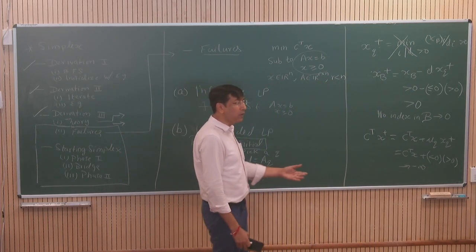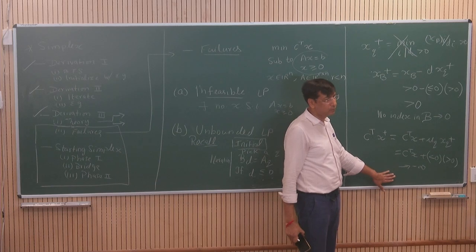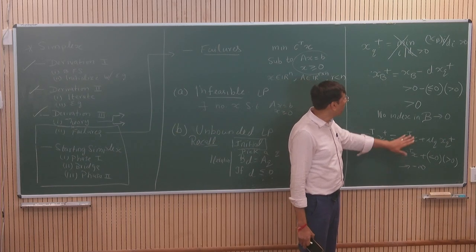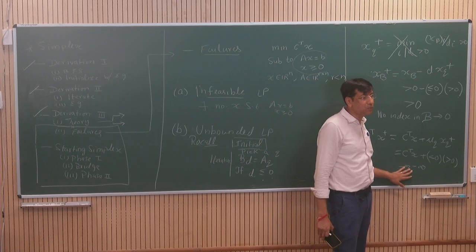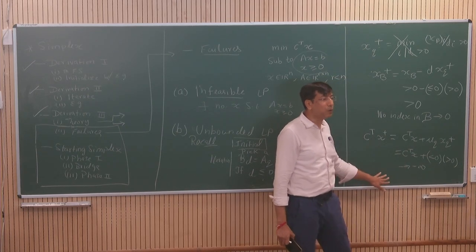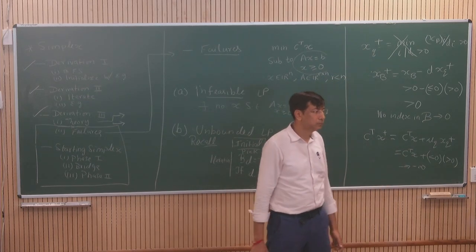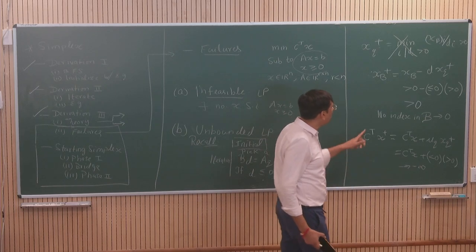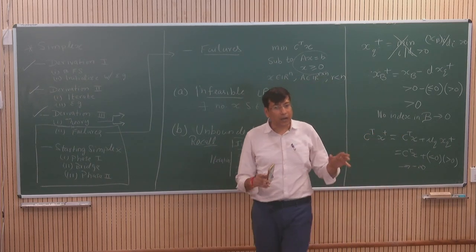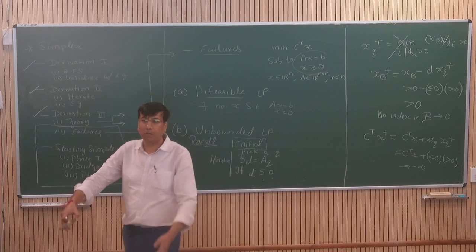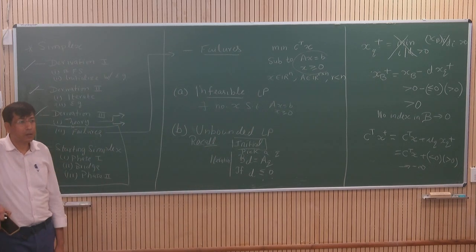You can keep doing it, nobody's stopping you here. Right? So, because your XQ plus is free, you're making the function go towards minus infinity. Hence, the problem is called unbounded. And you cannot proceed because you cannot make any index of B equal to 0. So that's why it's an unbounded problem which cannot be solved by the simplex method.